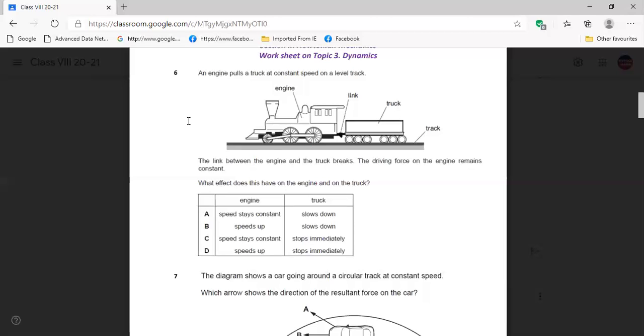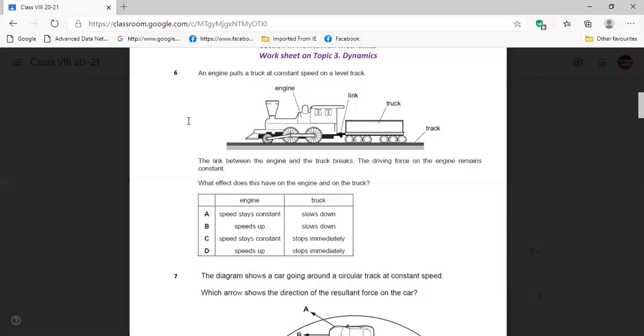Because she was pulling you with a force, and that force was balanced by your weight. When she released you, the balancing force is now working towards her direction, so she will speed up a little bit, right? So that is also happening for the engine: it speeds up, and the truck will slow down.